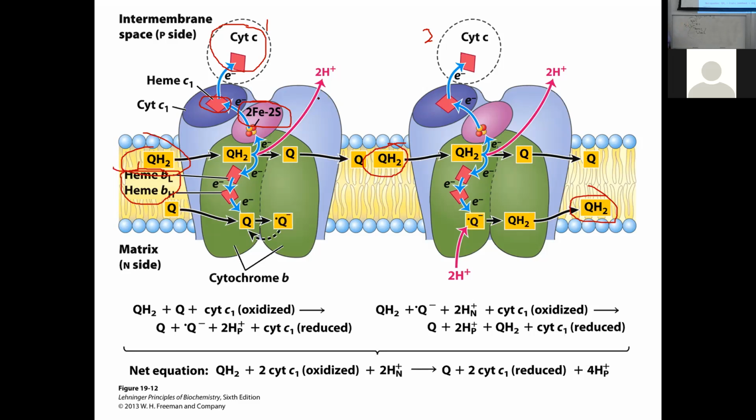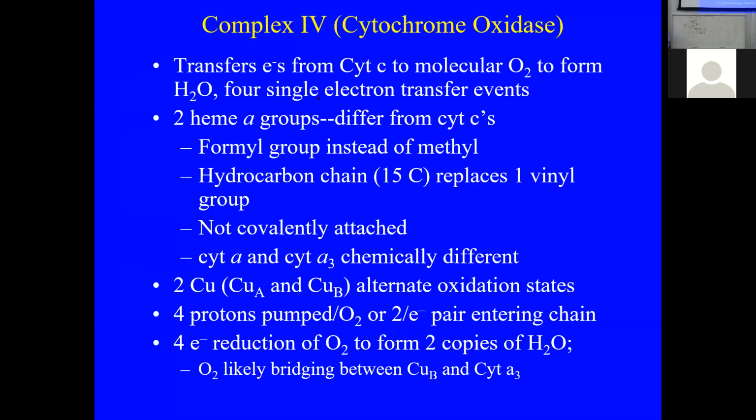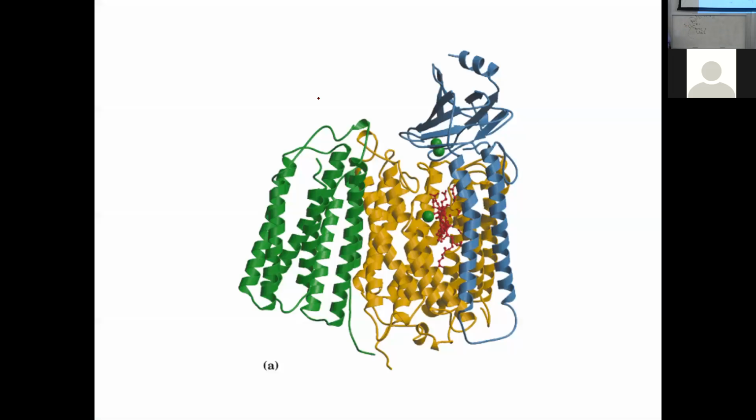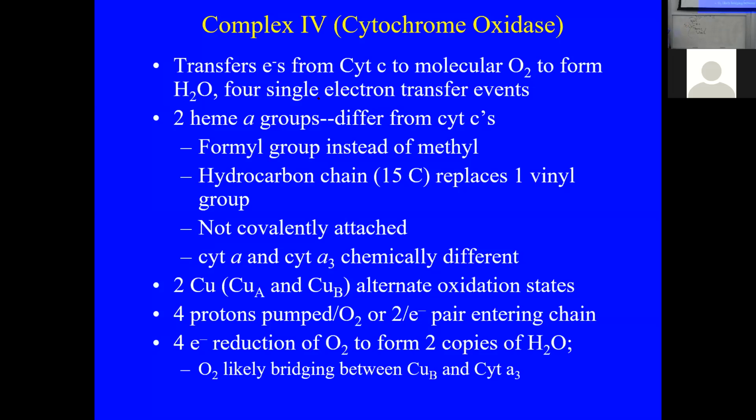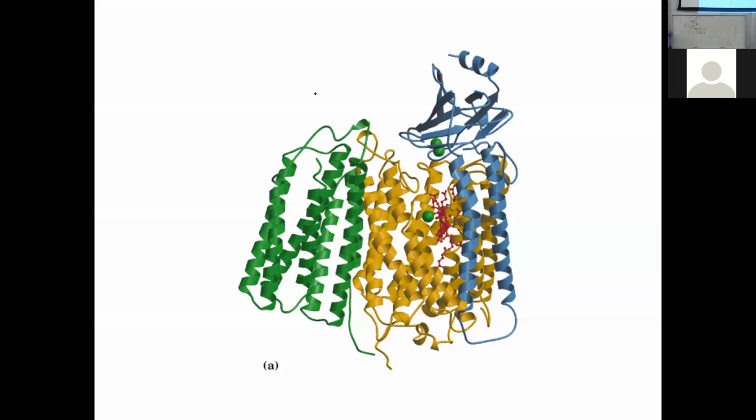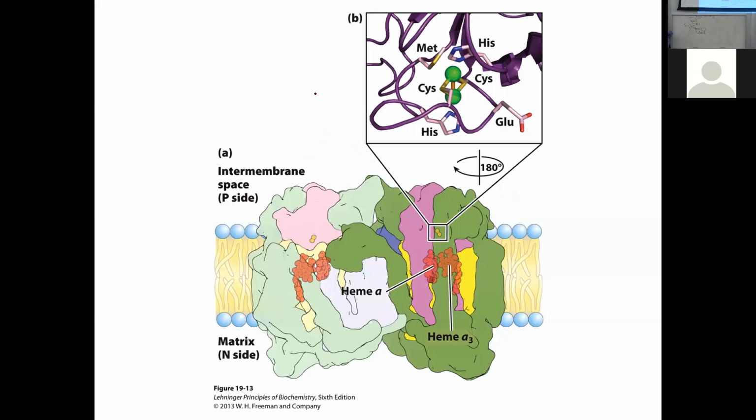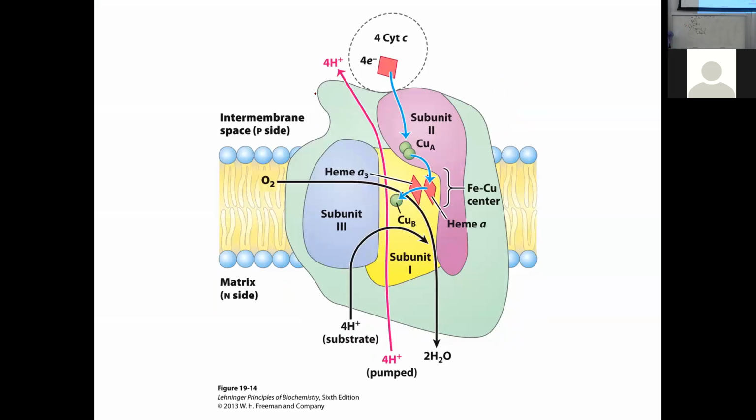Okay, let's consider complex 4. It has an interesting property: it's going to bind cytochrome C, not oxidized cytochrome C, but only reduced cytochrome C. It's going to come in and bind, and it's going to deliver electrons one at a time, stepwise.